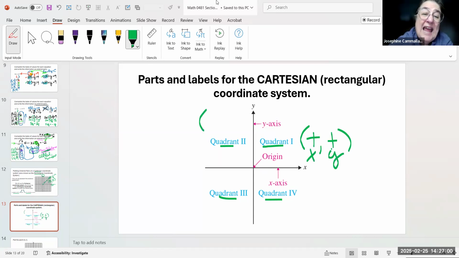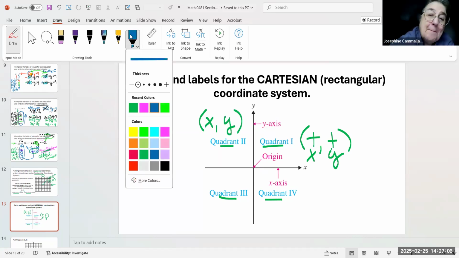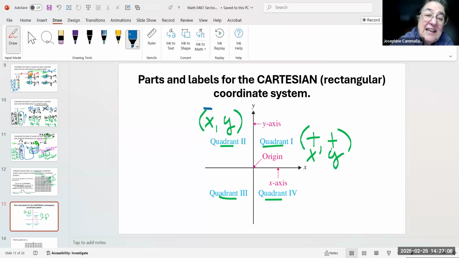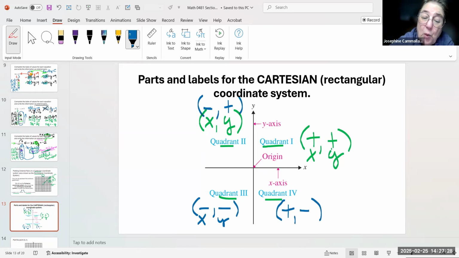Quadrant 2 has still x and y, except this time my x is negative, my y is positive. My quadrant 3 is x is negative, y is negative. And my quadrant 4, x is positive, y is negative.